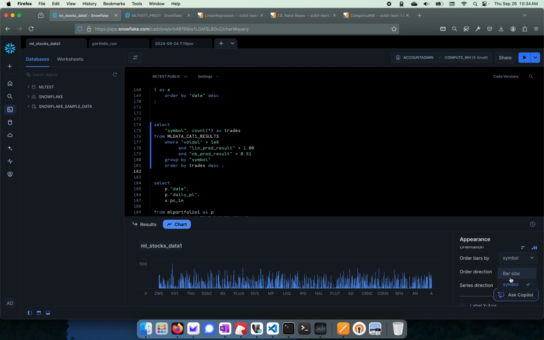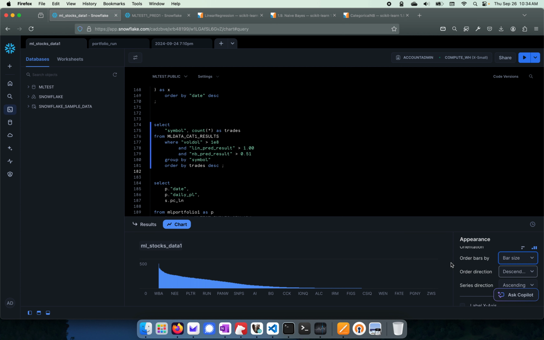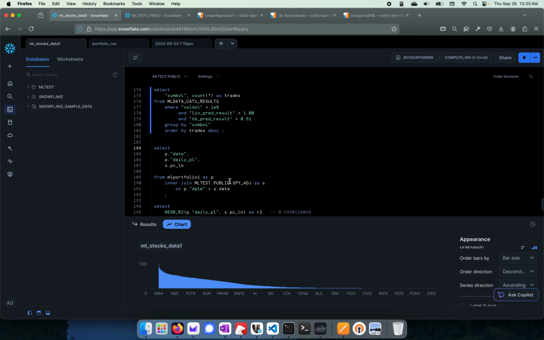Order by bar size. Yes. So we can see this sort of distribution, with WBA being traded the most frequently, and then some stocks being traded less frequently. So it looks like these ones seem to respond most to moving average patterns, at least as far as our models think.